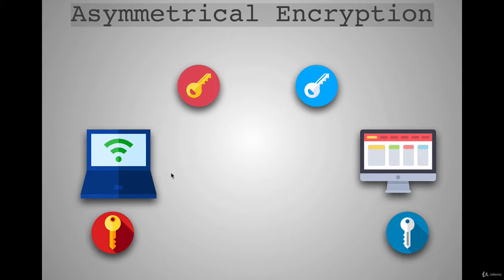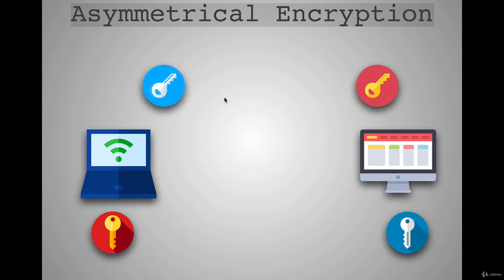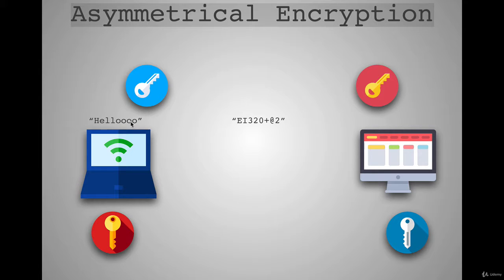So let me show you how it works. If I send my public key to my friend's computer, and let's say that friend also sends his public key to my computer, if I want to send a message, I can say, hello, and send it over by encrypting it with his blue key, his public key.